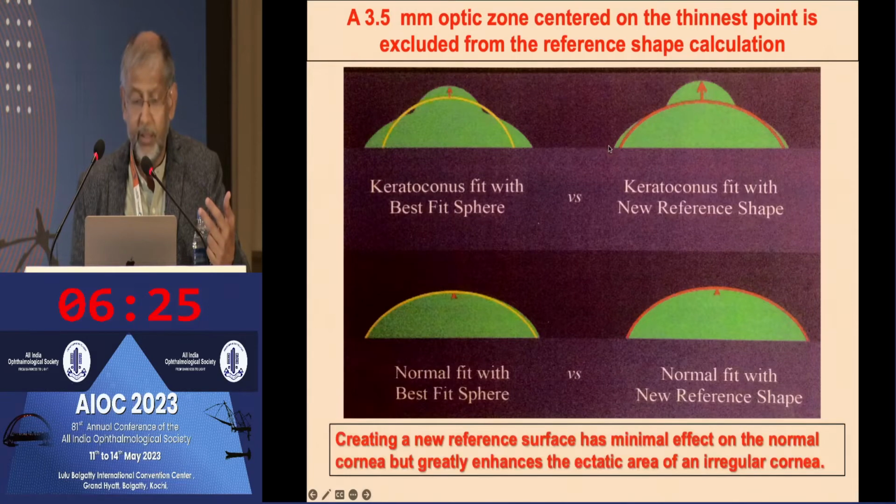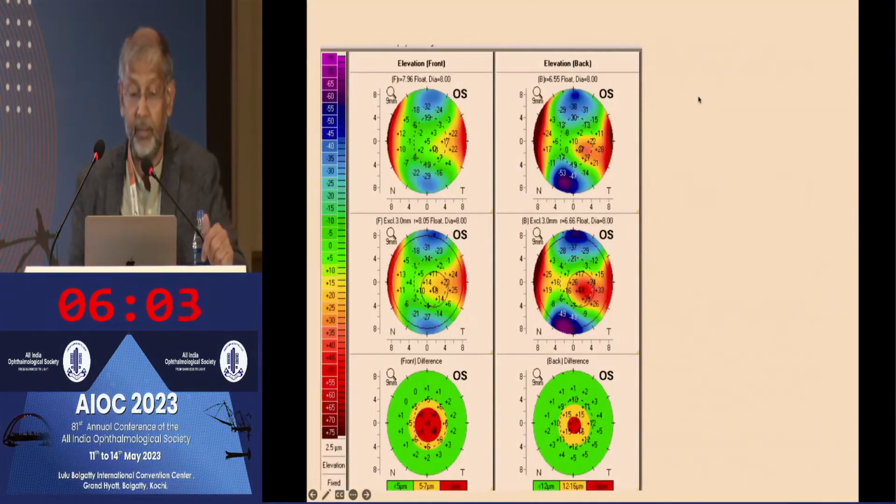So what this does is it creates a new reference sphere which has a minimal effect on the normal cornea but greatly enhances the ectatic area of an irregular cornea. Like in this case, this is with the best fit sphere, but with the new reference shape, this ectasia is enhanced. So the probability of diagnosis increases.